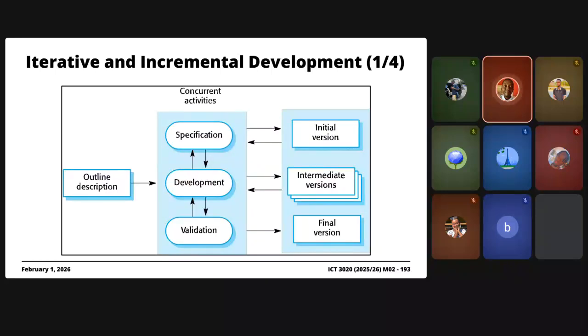It's a way in which you develop software, but there are specific software process models that are incremental in nature. Incidentally, there's a subgroup of software process models that are considered agile approaches to development, and one of those that we're going to focus on is the famous Scrum. Anyways, the diagram showcases your typical incremental and iterative development approach.